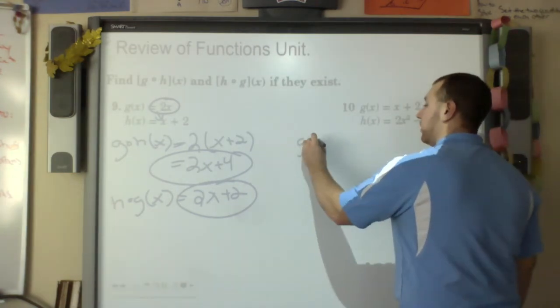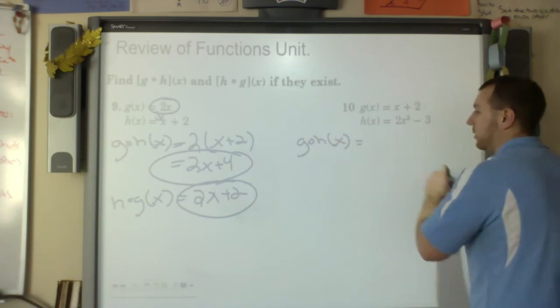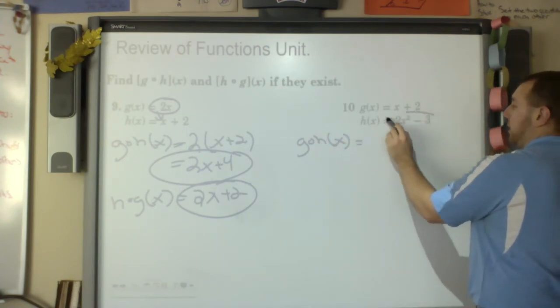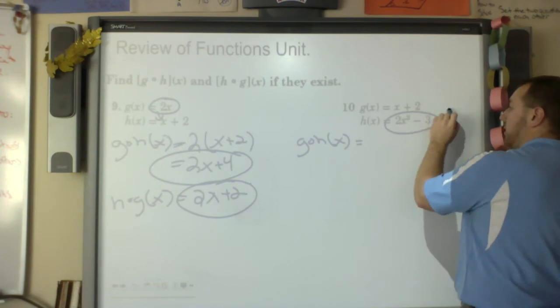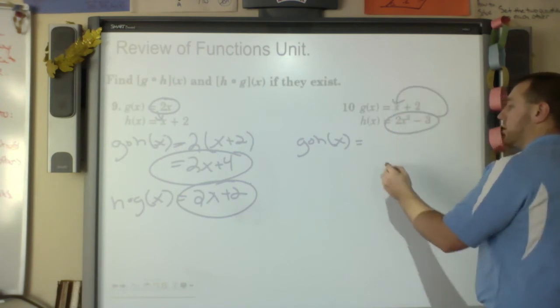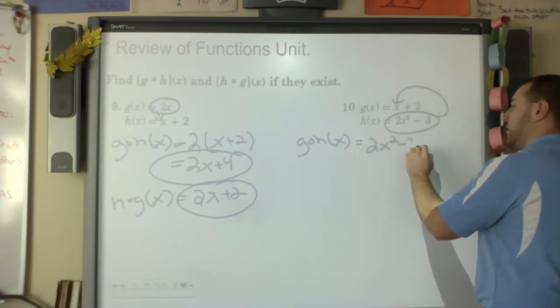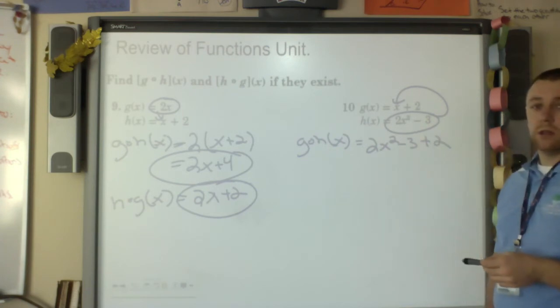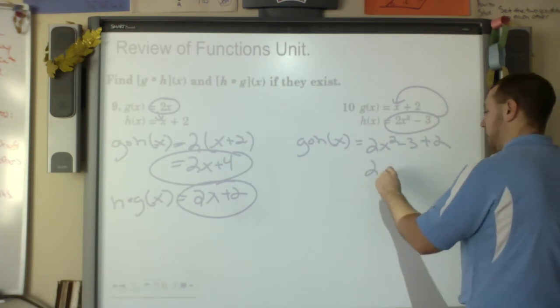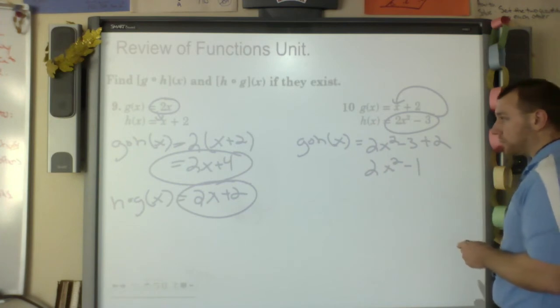The g of h of x, again, takes the h of x and plugs it in for x. So it's just 2x squared minus 3 plus 2. I simplify, it's 2x squared minus 1.